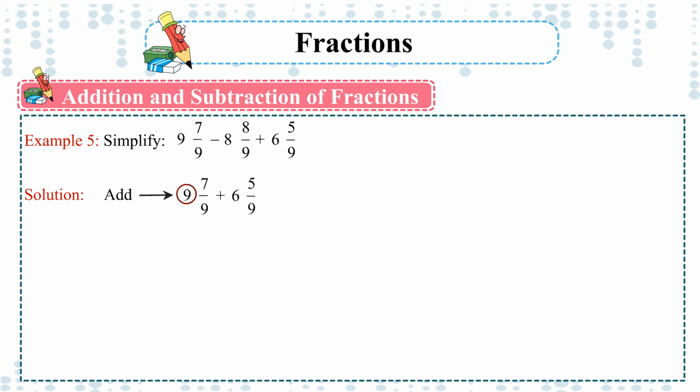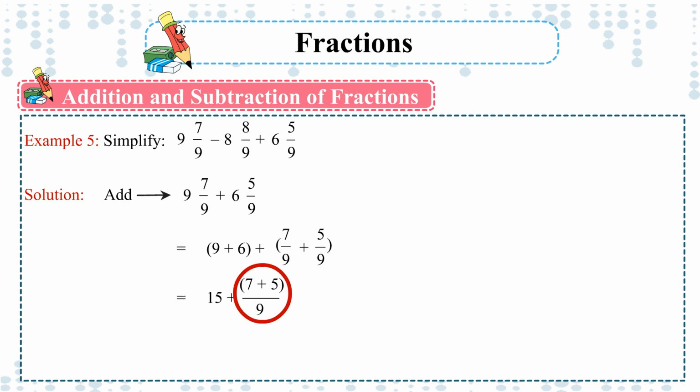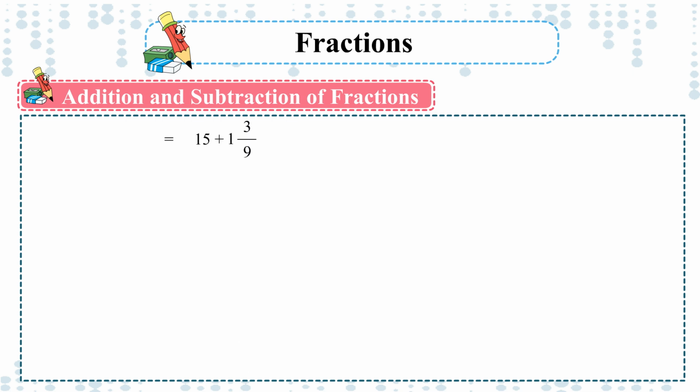Add 9, 7 upon 9 plus 6, 5 upon 9 is equal to 9 plus 6 plus 7 upon 9 plus 5 upon 9 is equal to 15 plus 12 upon 9 is equal to 15 plus 1, 3 upon 9 is equal to 16, 3 upon 9.